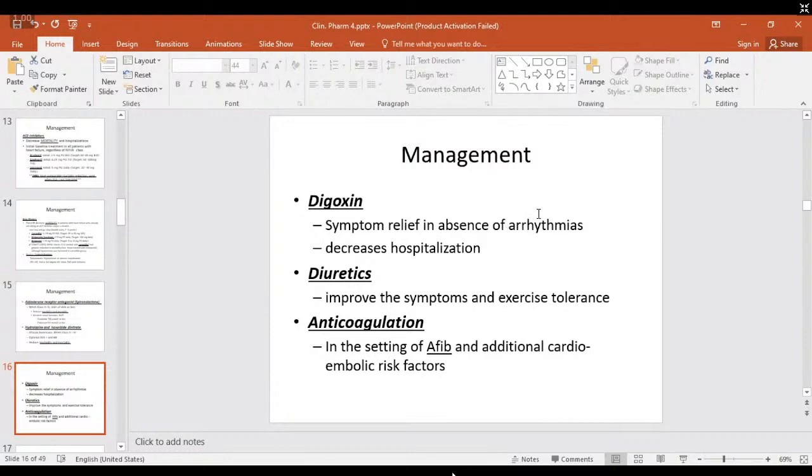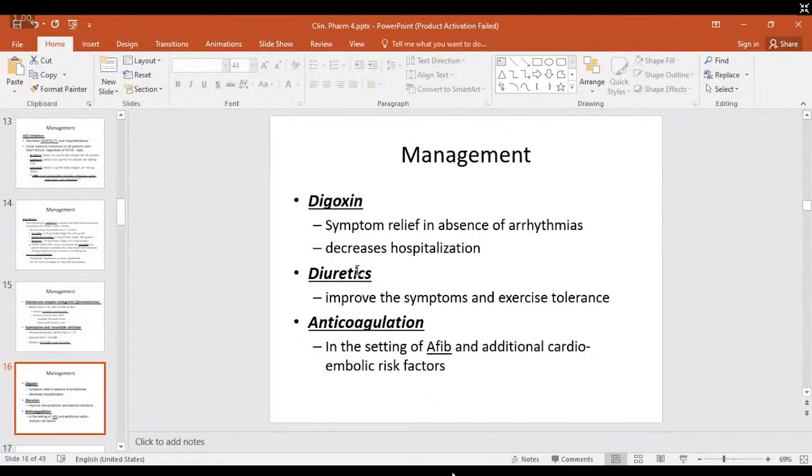Also, it can be combined in heart failure patients who also have atrial fibrillation, and it decreases hospitalizations and symptoms, but it doesn't decrease mortality. So that's why it's not a first-line drug in the treatment of heart failure. It's second or even third line.